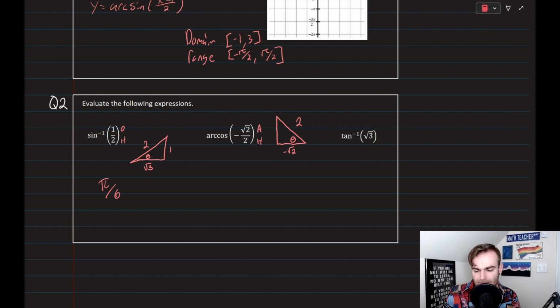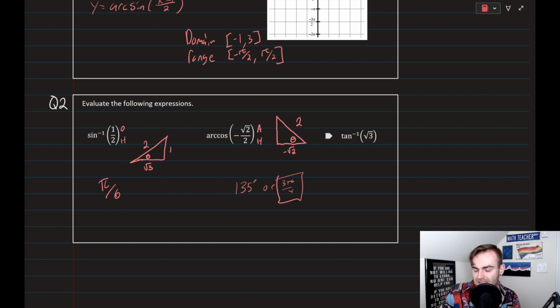That looks like to me a 45, 45, 90 triangle. And since we're going to the left, this is in quadrant 2, so it's 45 degrees more than 90. This is 135 degrees, or 3 pi over 4, because we're in pre-calc, we should be dealing with radians.